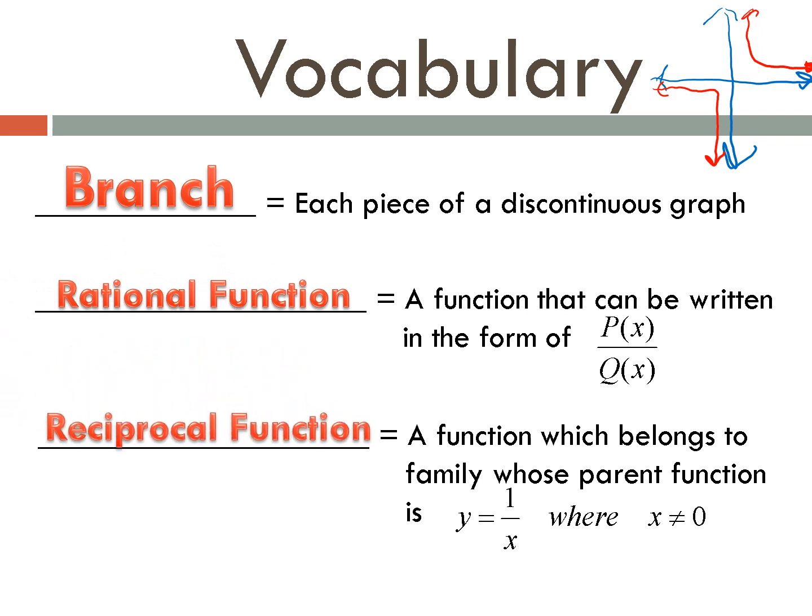Now, our next word is reciprocal function. A reciprocal function is a function which belongs to a family whose parent function is y equals 1 over x, where x cannot be 0. So the reciprocal function is a type of rational equation. The way a reciprocal function differs from a rational function is that in a rational function you have x's in the top and bottom.